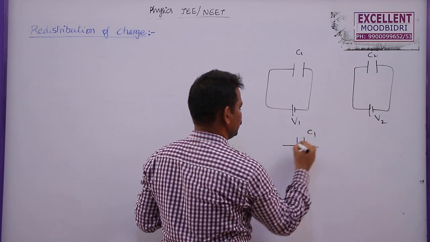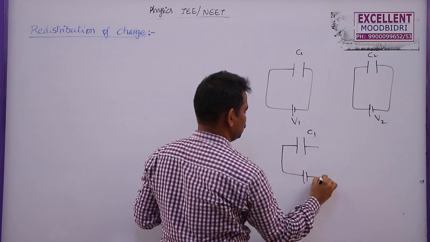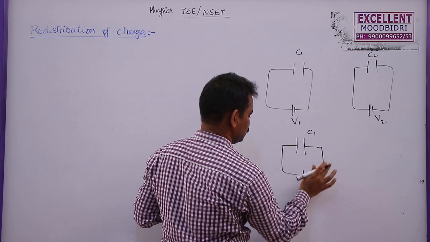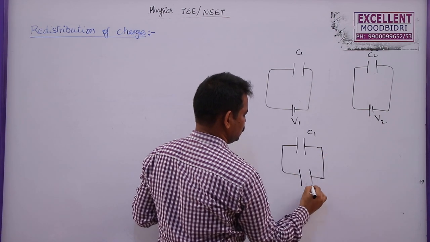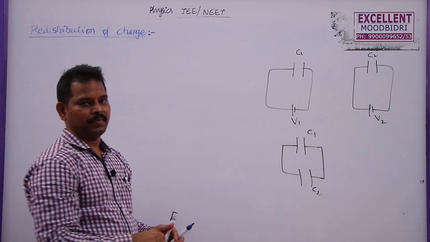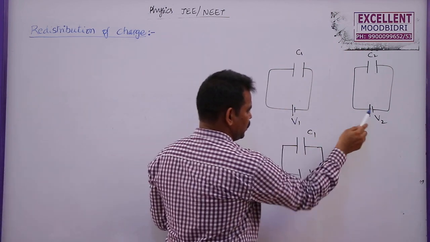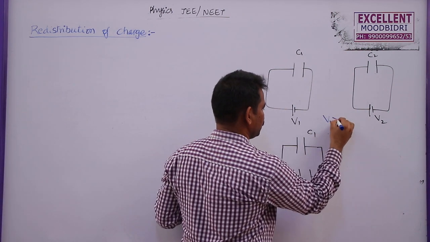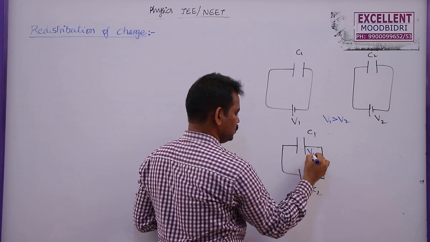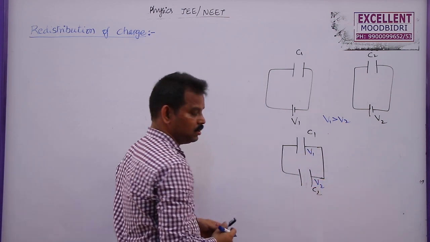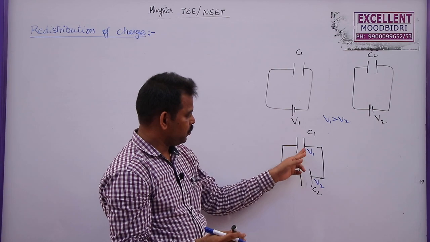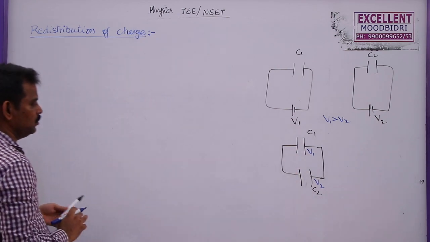So this is C1 and this is C2. Here what happens, if V1 is greater than V2, this is at high potential and this is at low potential. So charge flows from high potential to low potential.